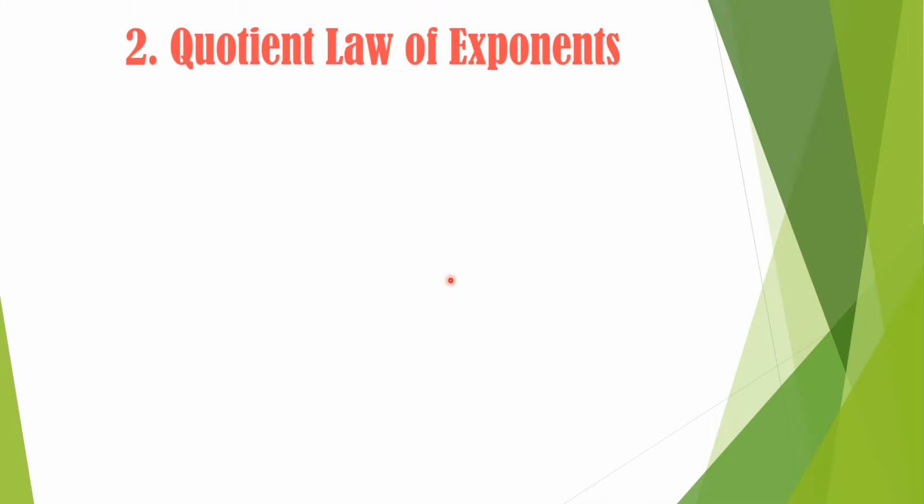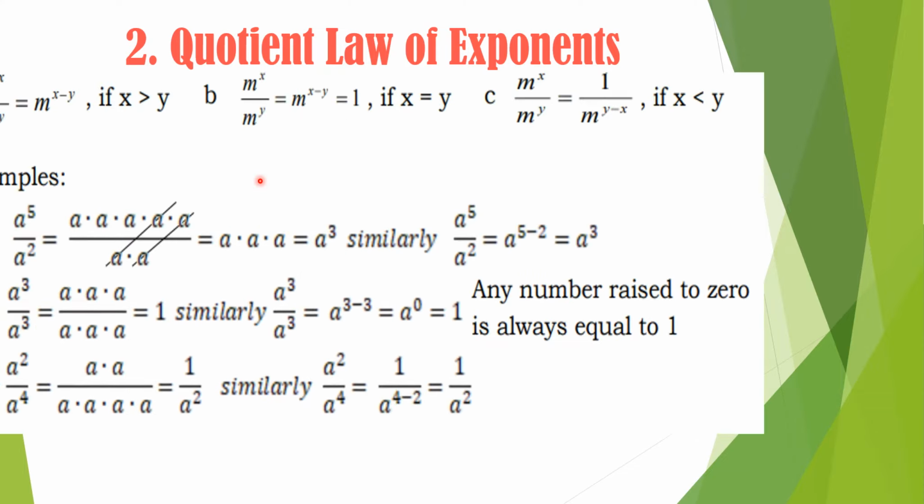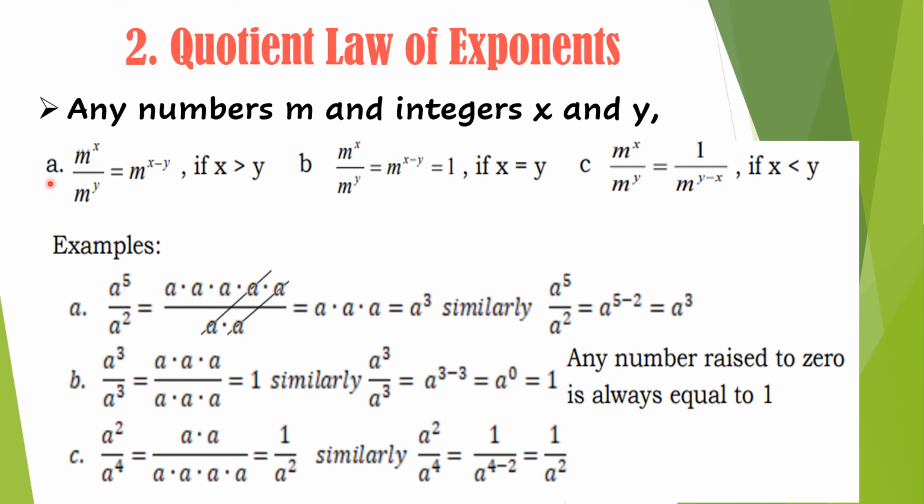Okay, number 2 law of exponent is the quotient law of exponent. So, sinasabi dito, any number m and integers x and y, letter A, given m raised to x divided by m raised to y, this is equal to m raised to x minus y. So, anong mapapansin ninyo dito?